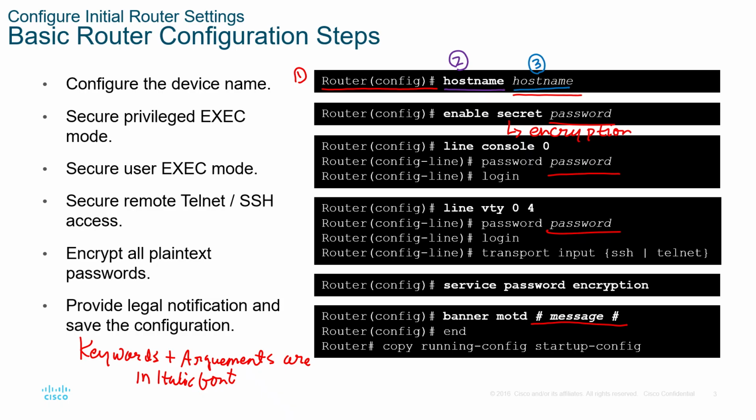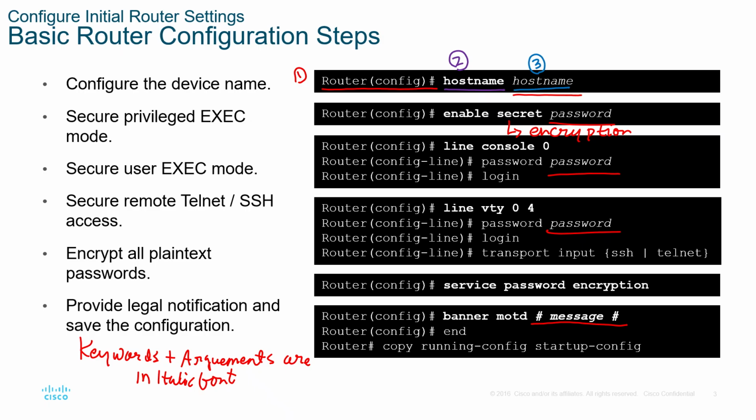So if you were to do a show run after you put in enable secret Cisco being your password, you're going to see that the password for the enable is a combination of letters, numbers, and symbols.